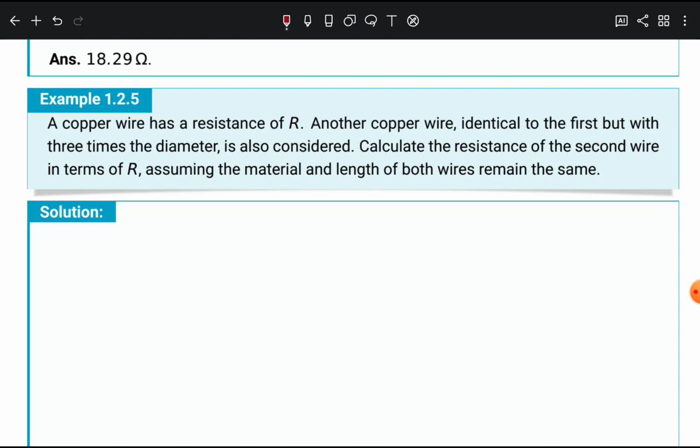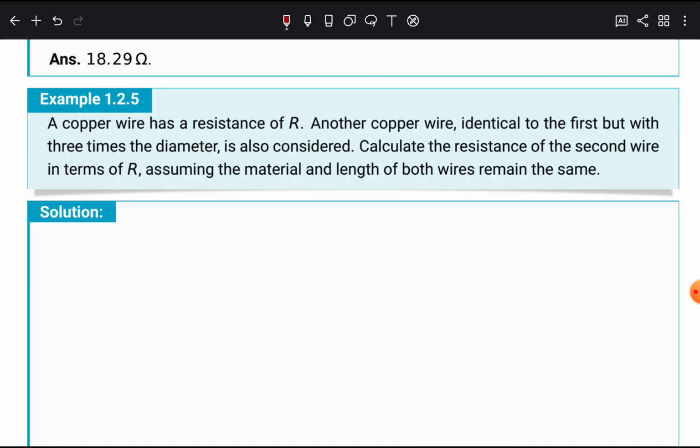It's the same copper, but they only differ in the diameter. The diameter of the second one is 3 times the diameter of the first, and all others are the same. All others are identical. What will be the new resistance of that wire?